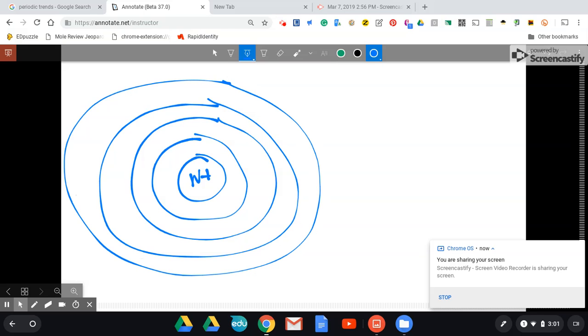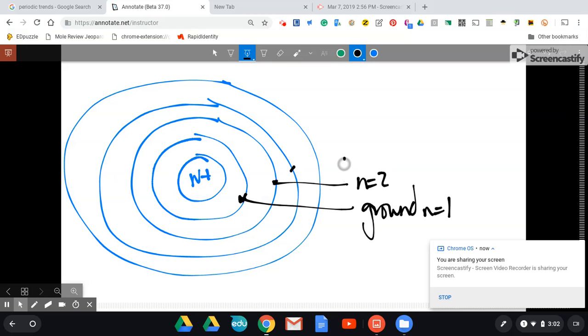Here's what you need to realize: this right here is my ground state. That's the first energy level, so N equals 1. The next one would be N equals 2, this would be N equals 3, and this would be N equals 4.